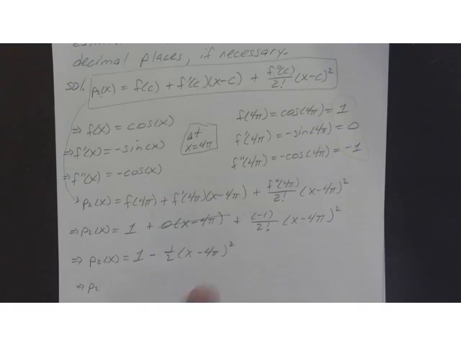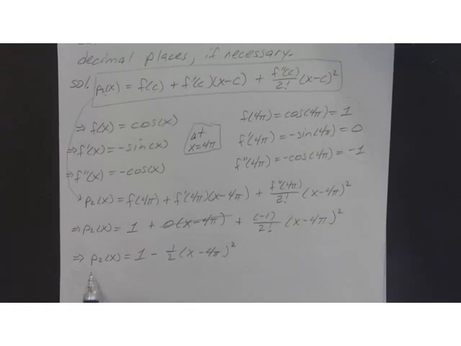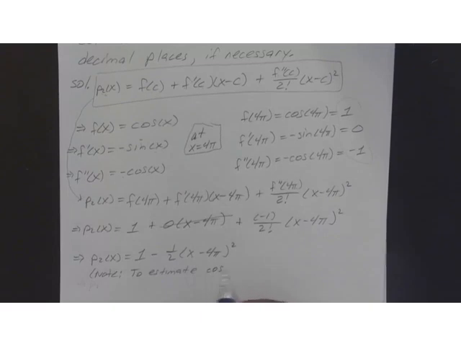Let me write that note down before I start working on it. To estimate cosine of 1 plus 4 pi, replace x with 1 plus 4 pi.